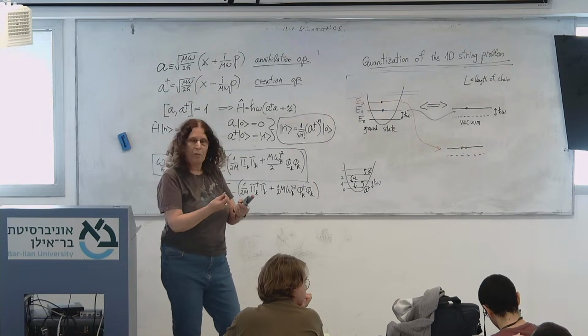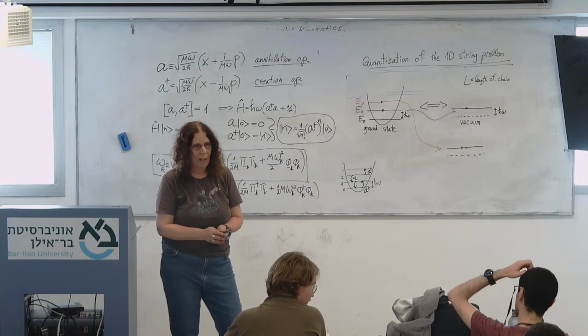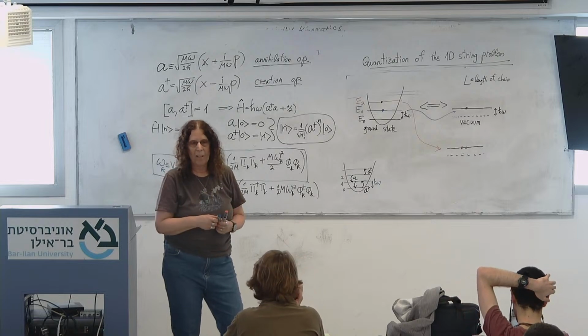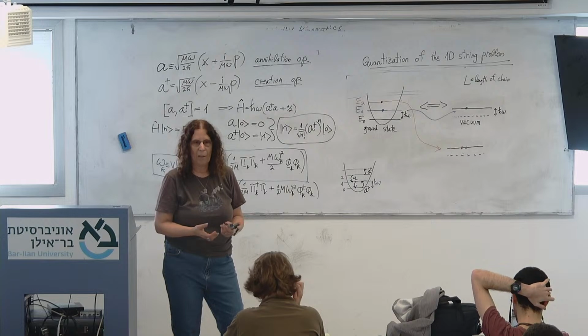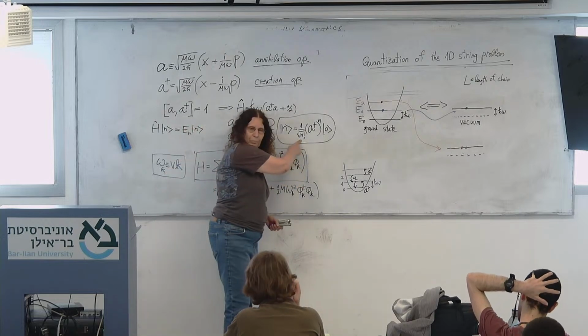Because if we put n particles in the same box and they're all identical, there are n factorial configurations that are equivalent, okay? So that's where the n factorial comes from.